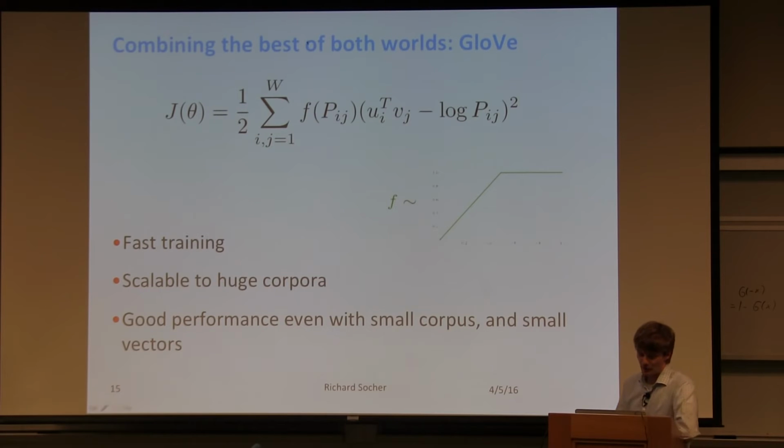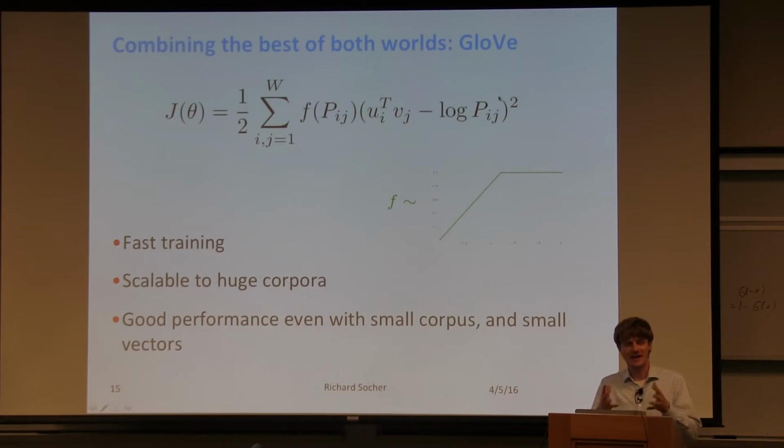So here, we also want to minimize this squared loss, where log P is just the log of the probability, or of the counts in many cases, of how often words i and j co-occur, and we want to make their inner product predict how often they would co-occur.